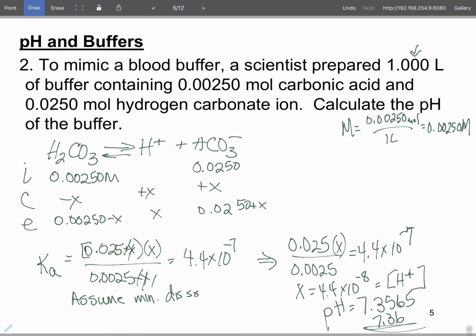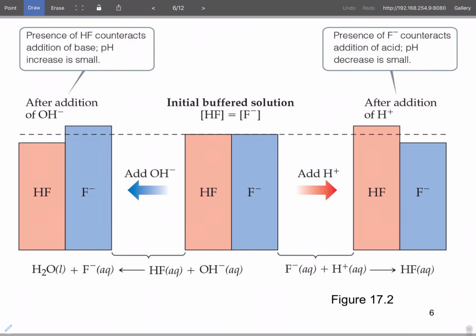So you'll notice that carbonic acid keeps the blood slightly, not much, but slightly basic. Okay? If you're a visual person and you want to look at this, what basically happens in a buffered solution is we start with our acid and conjugate base, or our base and conjugate acid, being comparable.